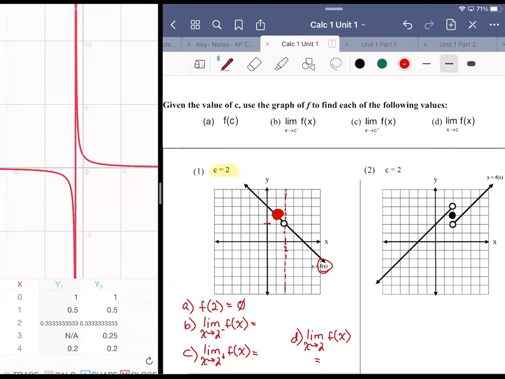That y value would be 2. So that's my limit coming in from the left. Coming in from the right, start on the right-hand side, follow the path. I'm just asking what y value am I aiming for as I get closer and closer to the x value of 2 from the right. I'm aiming for the same location, which has a y value of 2. Remember, with a limit, I don't actually have to get there. I just have to be aiming for the spot.